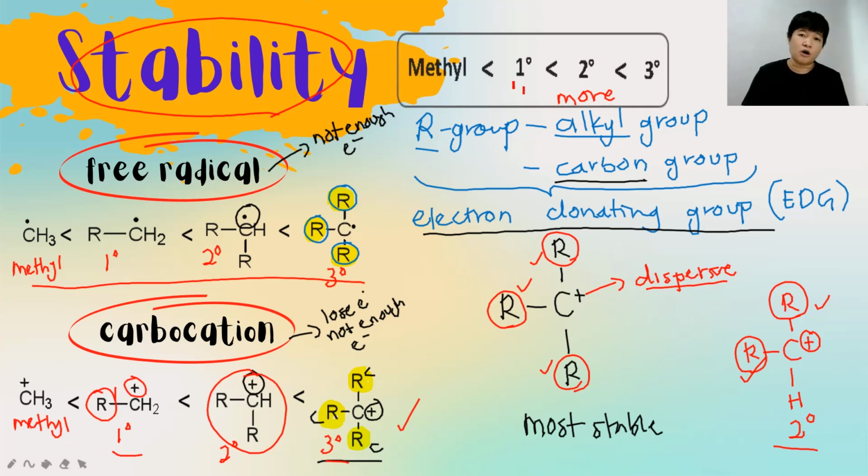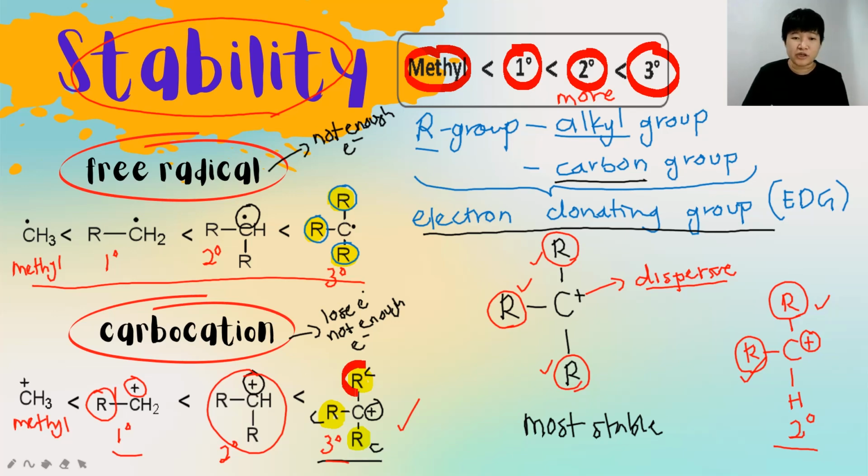That's why you come to a conclusion where your tertiary is most stable compared to your secondary, compared to your primary, compared to your methyl group. Because your tertiary has 3 alkyl groups that will help you to disperse the positive charge and minimize the positive charge. So the carbon holding positive charge will be more stable because the positive charge is shared between 3 friends.